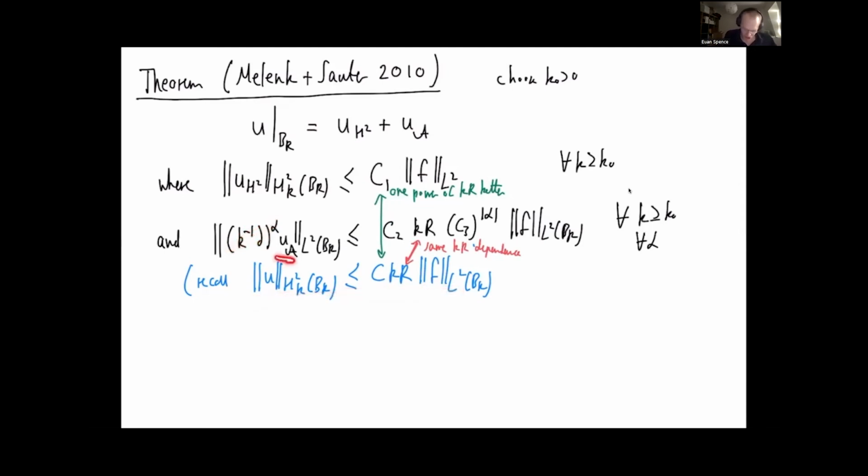But U_A actually has got more regularity. It's C infinity. It's in fact analytic. You can show this implies U_A is analytic. So I've got the same KR dependence, but I can keep on. I've got more and more derivatives, and we'll see that that's going to help us.